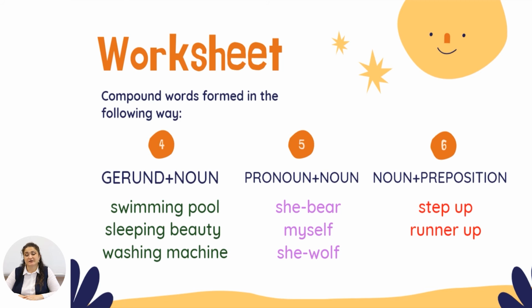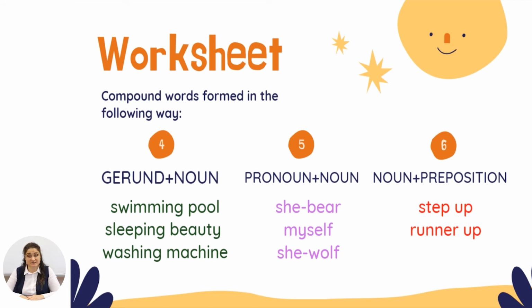Number 5, pronoun plus noun. Pronouns are personal, reflexive, relative, and so on. So, if you know pronouns, you can easily form compound words. She-bear, myself, she-wolf.